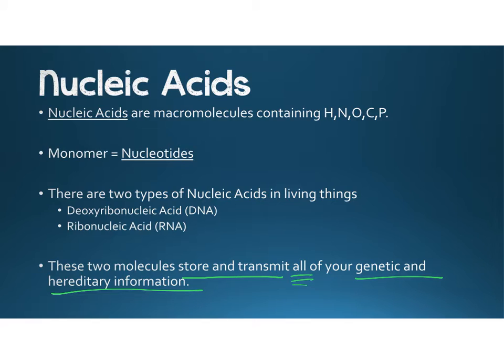So your DNA contains the code for everything that makes you you, and everything that has been passed down from your parents to you to make you is encoded in your DNA. And that DNA holds the code, and then it uses RNA to help make the proteins. So these two molecules are the only nucleic acids in your body.